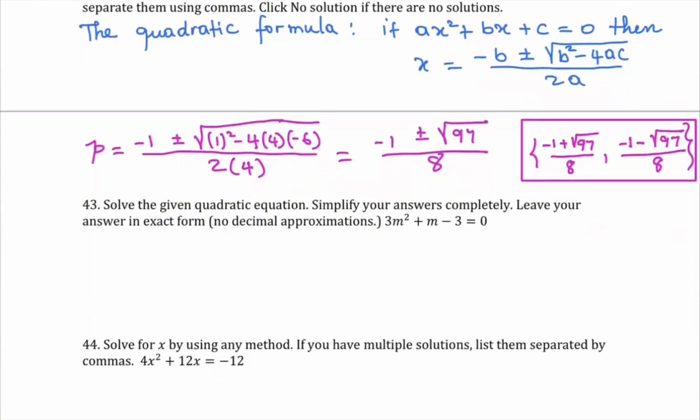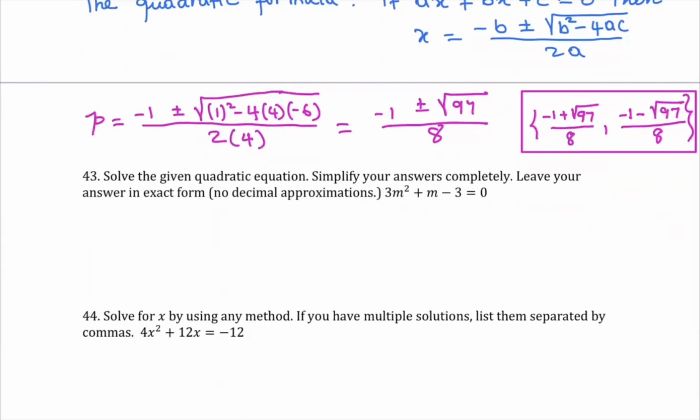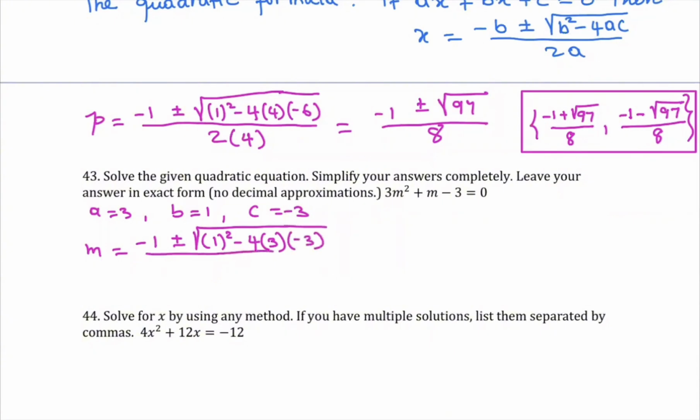So the same thing in this one, no decimals. A equals 3, B equals 1, and C equals -3. X equals -1 plus minus square root of b squared, 1 squared minus 4 times a, 3, times c, -3, over 2 times a, that is 6.